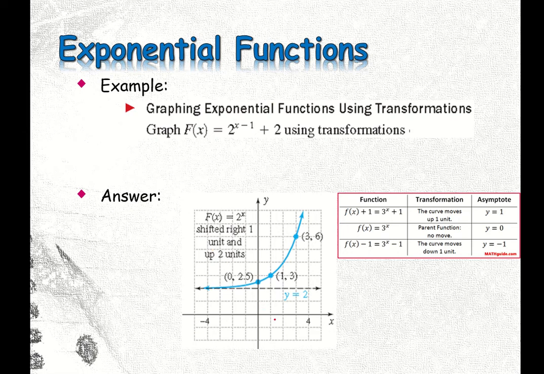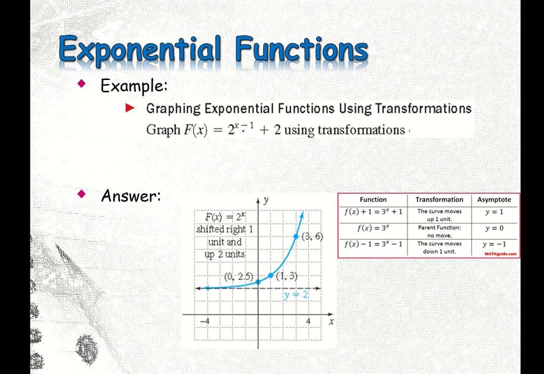So this is our x-axis, this is our y-axis. This is moved 2 units up, so we have 1, 2. Our asymptote here is y equal to 2. This indicates the number of units that the graph is shifted up. Now, if this is plus, the graph is shifted up; if this is minus, then the graph will be shifted down.